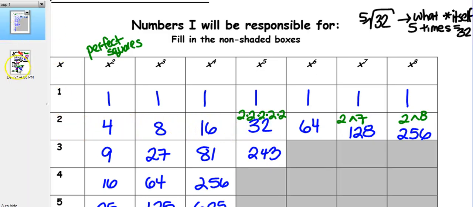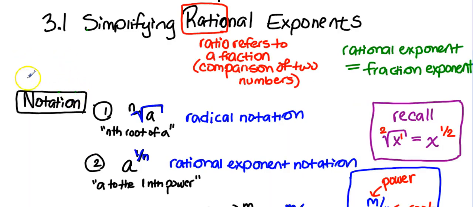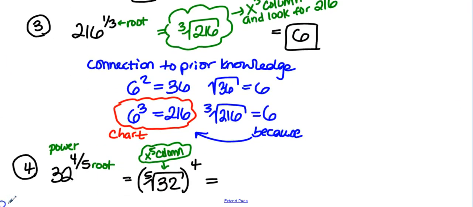So I go back to my question, and I can now rewrite the fifth root of 32 as 2. But we're not done yet because we need to do raised to the fourth power. You can either use your chart to know, or know that 2 to the fourth is 2 times 2 times 2 times 2, which is 16.